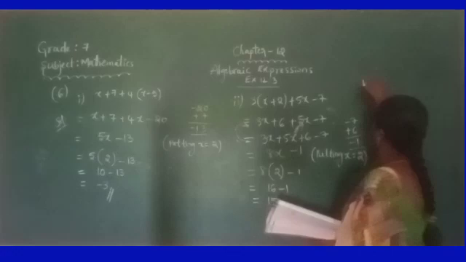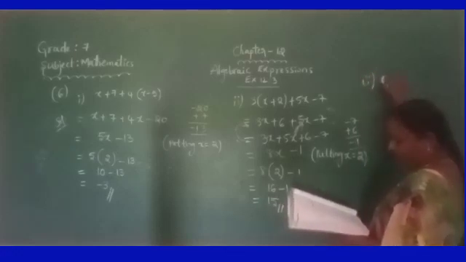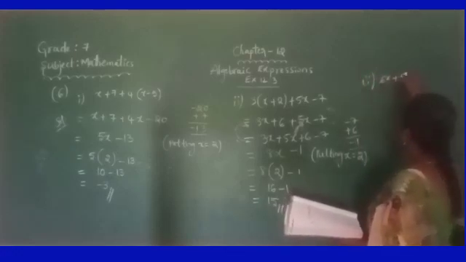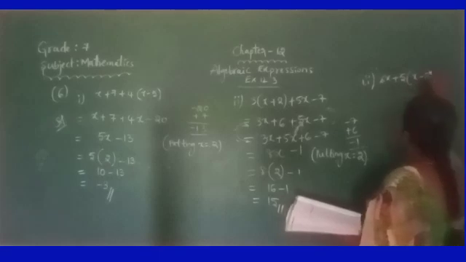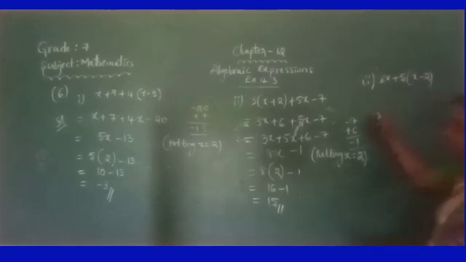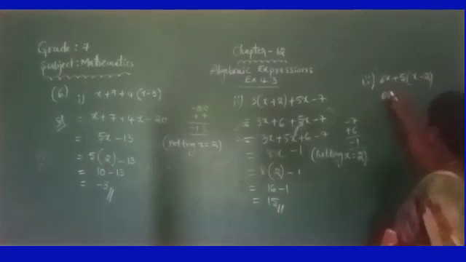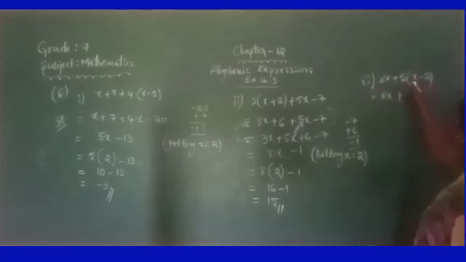Third one, look here: 6x plus 5 into x minus 2. Now simplify. 6x plus 5 into x, 5x, plus into minus, 5 twos are 10.